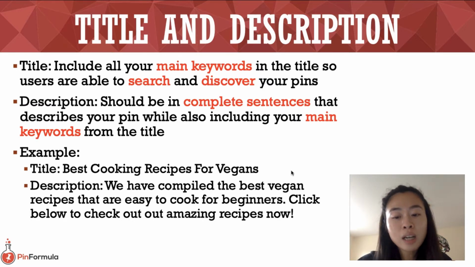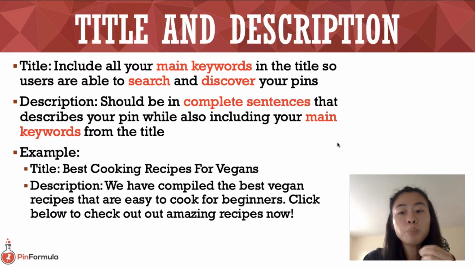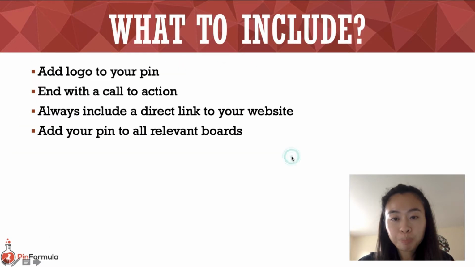Click below to check out our amazing recipes. So notice that I put in best vegan over here, and it says cooking recipes, sprinkled throughout my description just to tell Pinterest, hey, this is exactly what my pin is about. You don't want Pinterest to be guessing what your pin will be about.